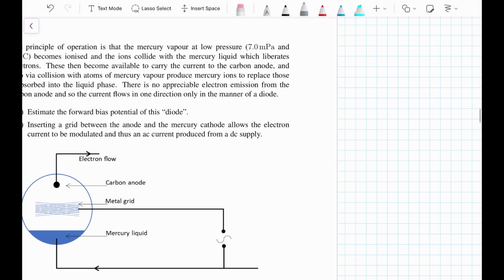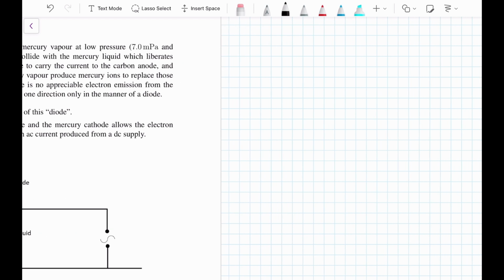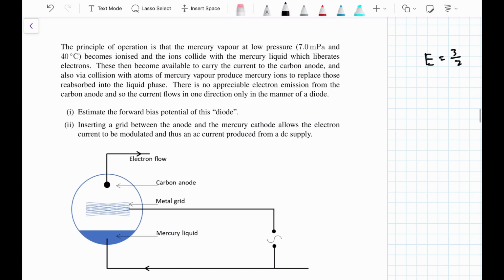Mercury, I suppose, is a metal, so it's monoatomic, and therefore we can use 3/2 for its coefficient. So the energy will be equal to 3/2 times PV, I suppose.